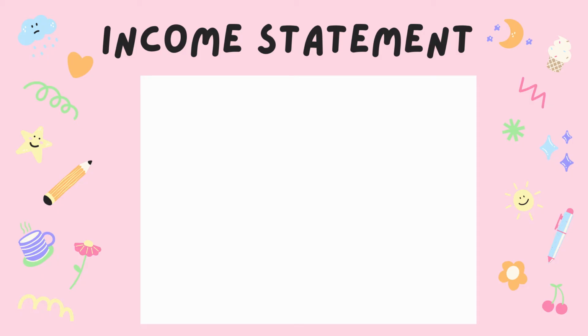In the income statement, we're going to need revenues and expenses. Okay, so first of all, we need to start with the company name, then income statement, then year ended December 31st, 2016. Okay, so you're gonna do that. Now I'm gonna start with revenues. Okay, then we're gonna list down our expenses.